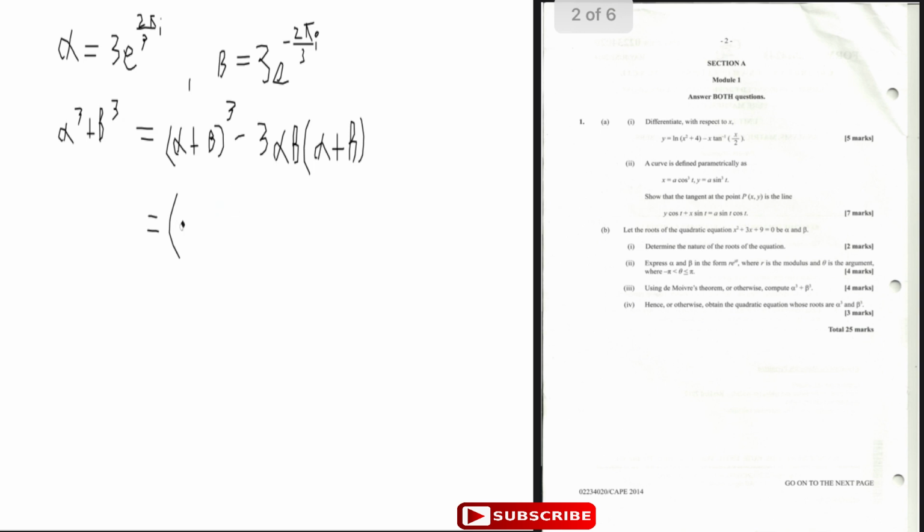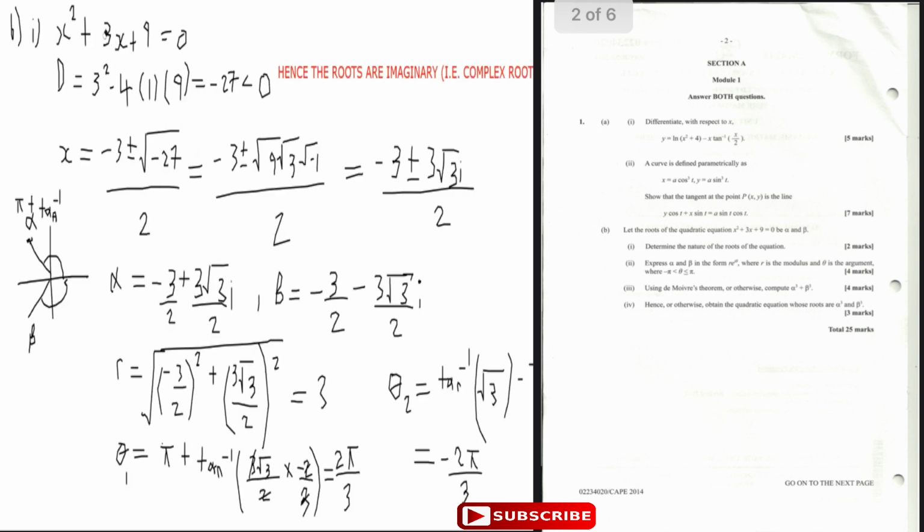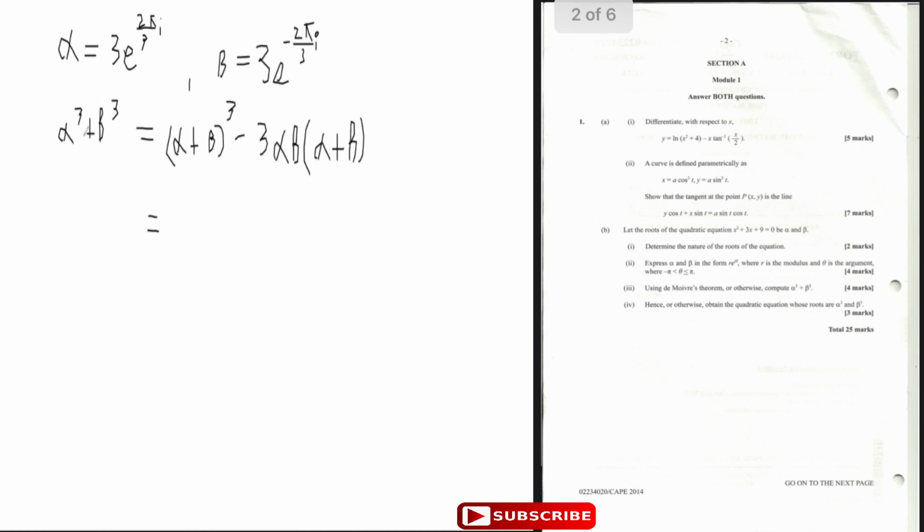Remember, this is the quadratic equation, and what we know about a quadratic is that the sum of the roots, alpha plus beta, is minus b over a. So alpha plus beta here is minus 3. And we know that alpha beta is equal to c over a, so alpha beta is 9. So we're done already. We don't need to work through complicated stuff about De Moivre's theorem.